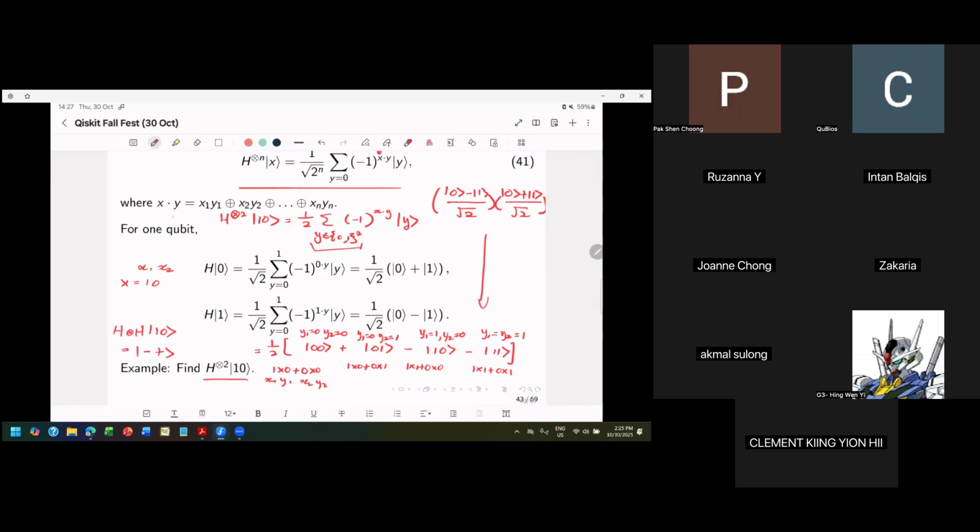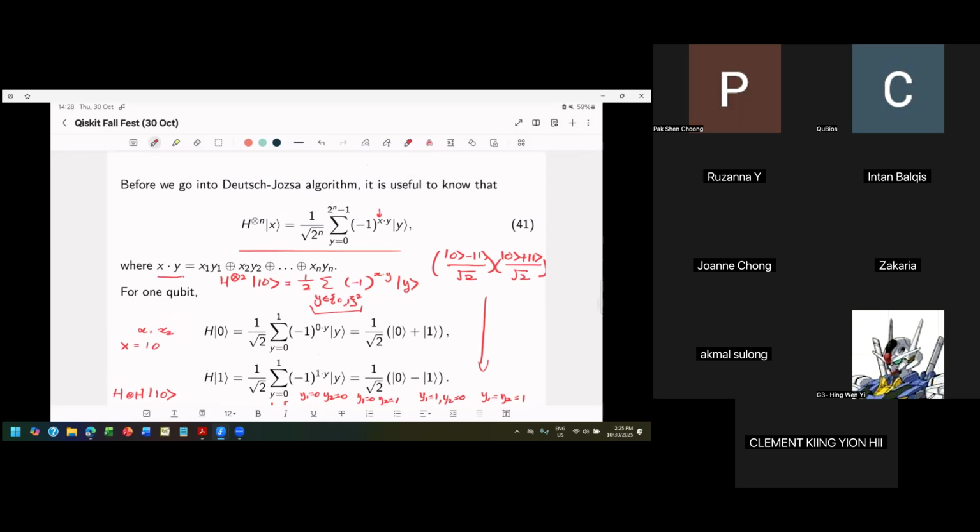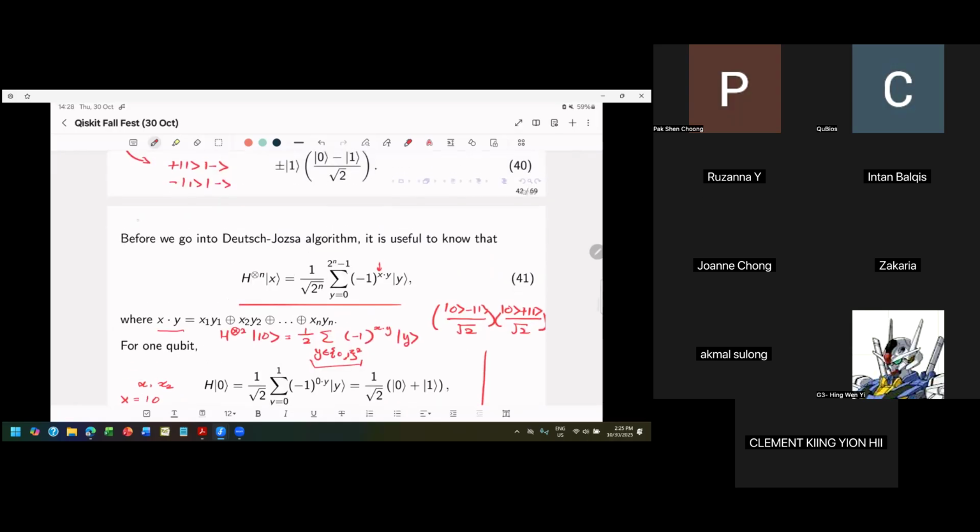Then you perform this particular multiplication. The summation is not y to 1. I have to admit this is a bit confusing, but essentially the real summation is still y summing from 0 up to 2 to the power n minus 1.